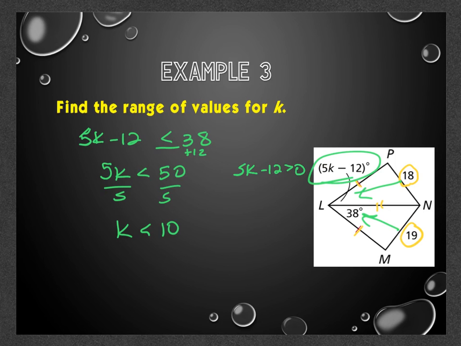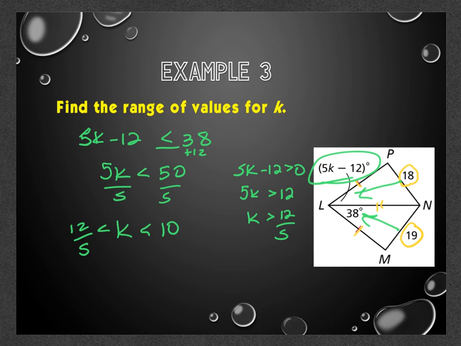It can't be 0, okay? So 5K would have to be greater than 12, and K would have to be greater than 12/5. So now we have a range between 12/5 and 10. Does that make sense? An angle can't be 0, and it can't be negative. So every angle would have to be greater than 0, but less than whatever the other part is.